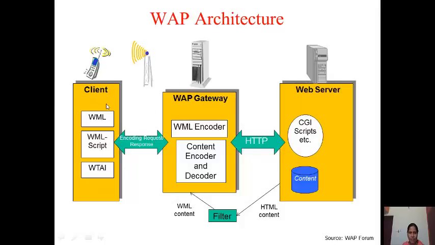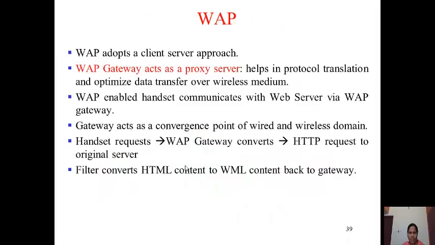Whenever there is a request from the client, the gateway does the encoding, and based on the request, the data acquired from the web server is filtered and given back through the gateway to the client.